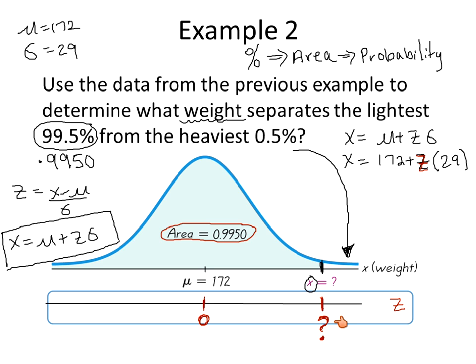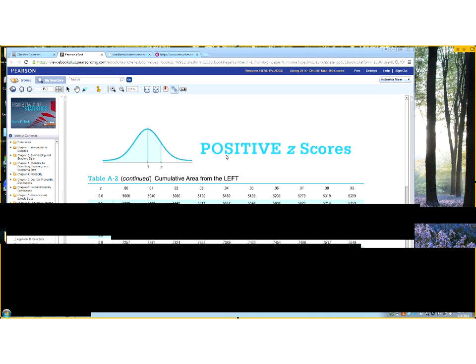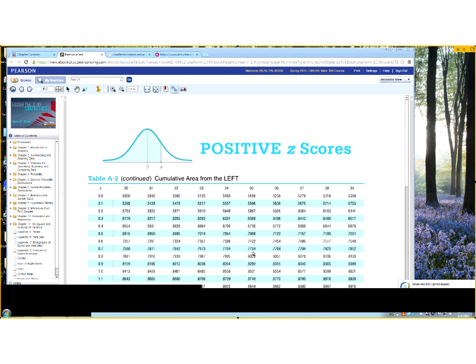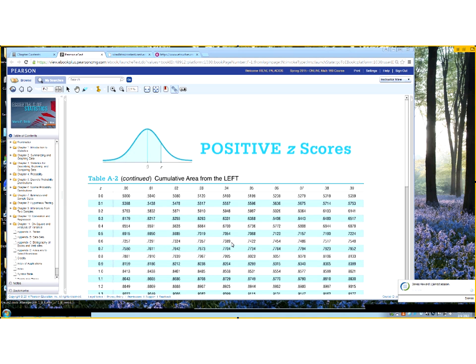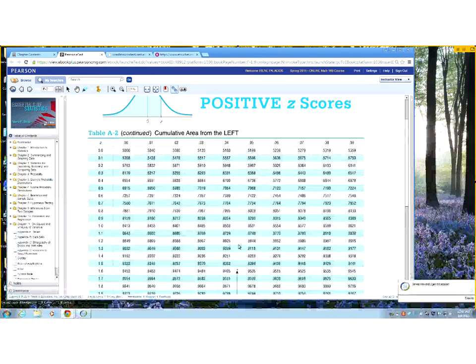All right, so let's go to the tables, and remember the area to the left, that's what I'm looking up, is 0.9950. That is the area to the left. So I have to look at my positive z-score. I have to look up 0.995.